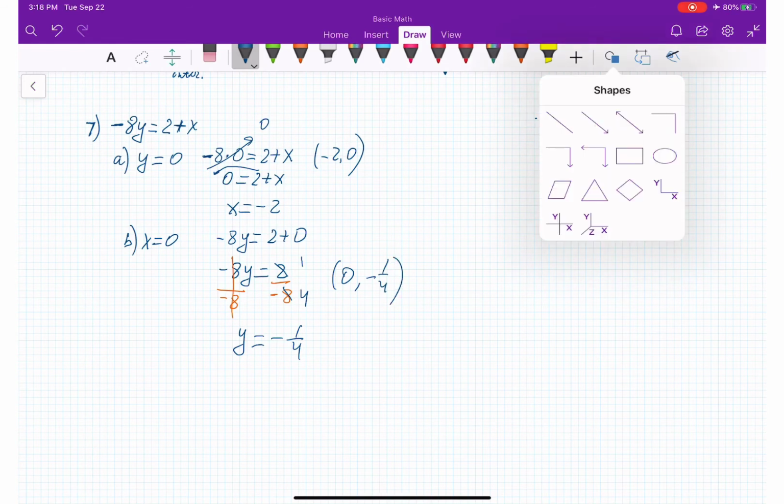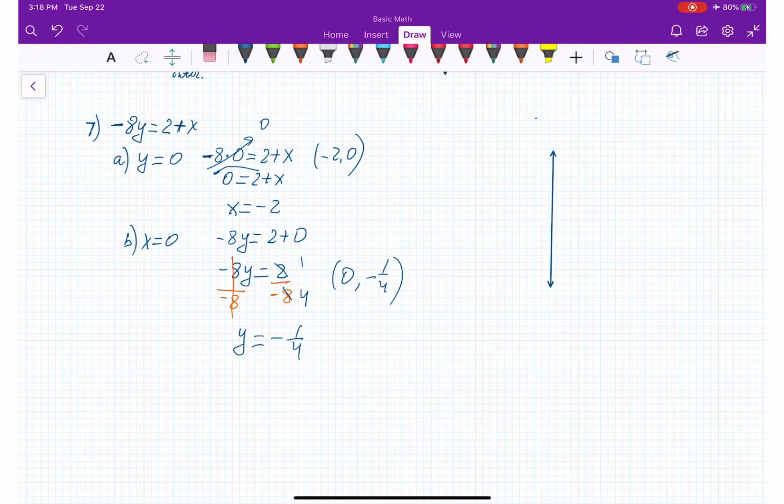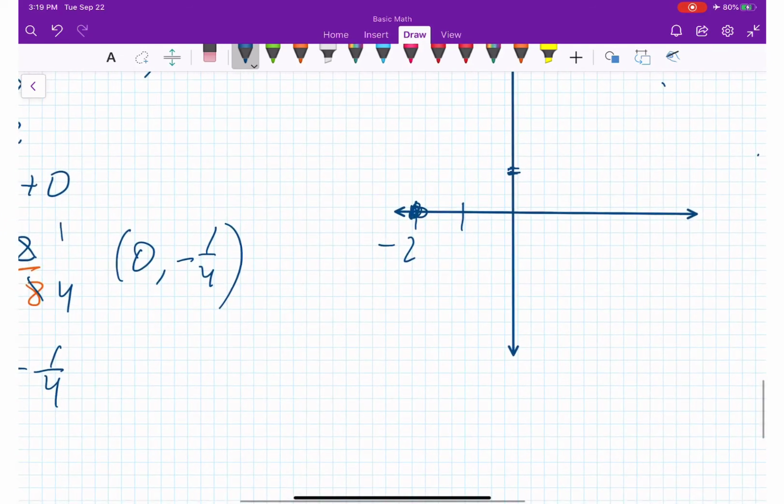Okay, let's build the graph. So 1, 2, negative 2, this is 1 point. The other one, if this is 1, approximately, so it's negative 1/4, I'm sorry. So if negative 1, how much is this? Well, almost 3. So 1, 2, 3, this is negative 1. Then 1/4, it's going to be somewhere right here.